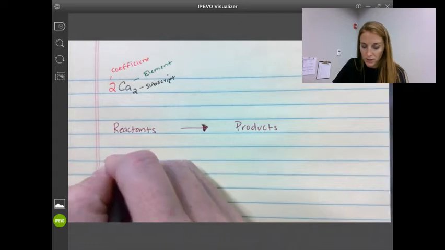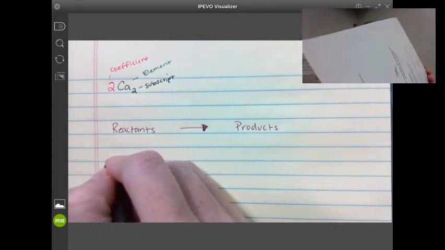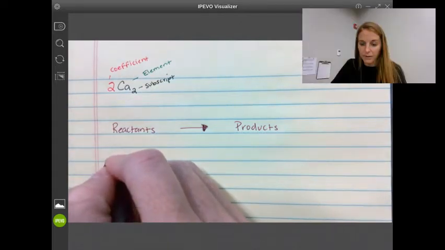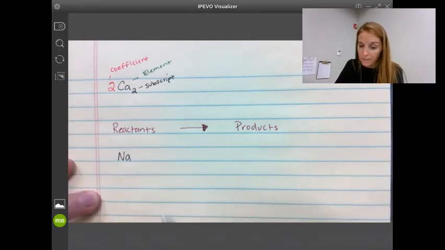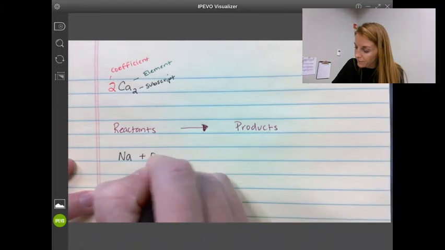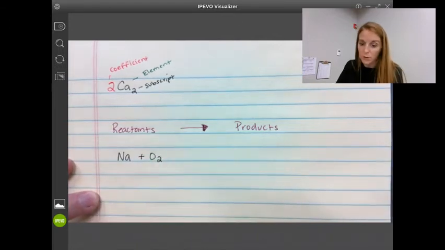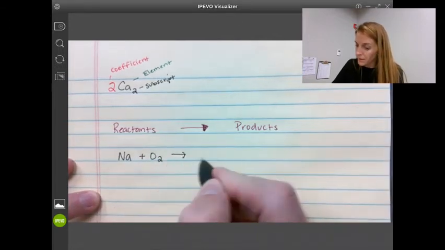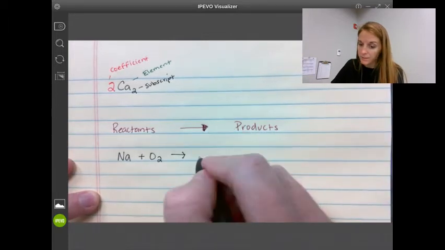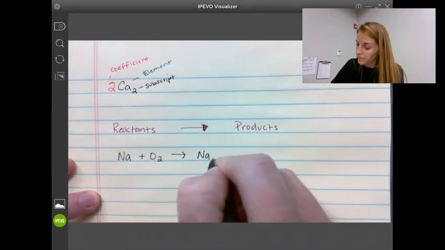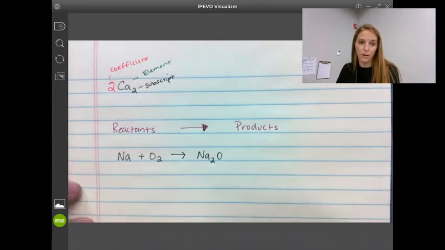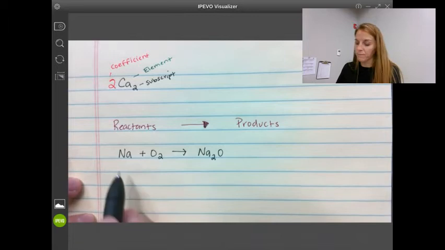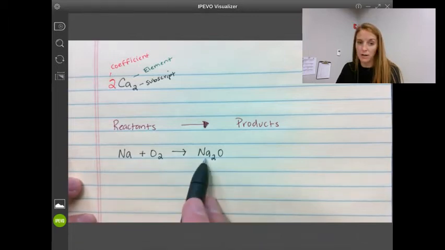All right, so here is the first one that we will be doing. So I'm going to start off with, let's do this one. Na plus O2 yields Na2O. So I have sodium over here and oxygen here, and then sodium and oxygen as well on both sides.